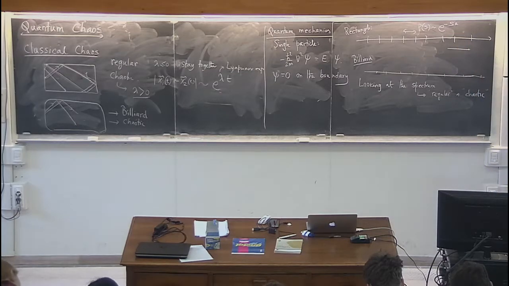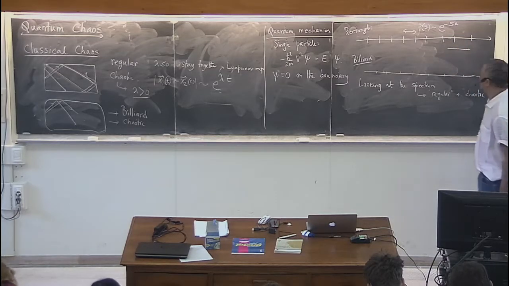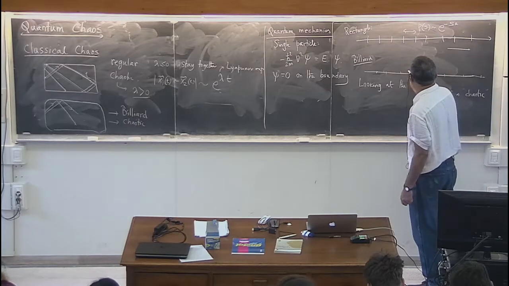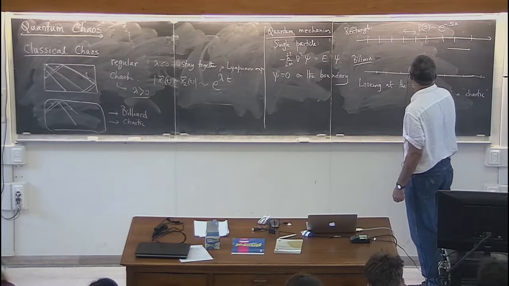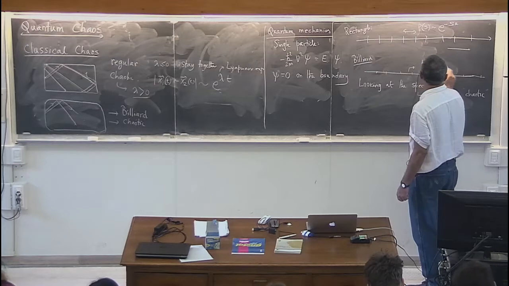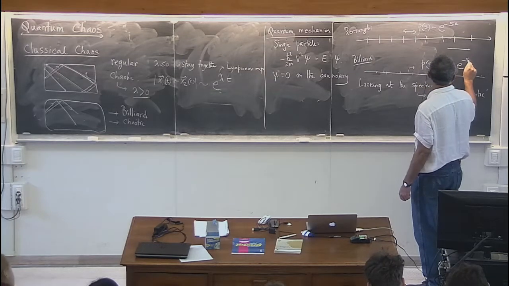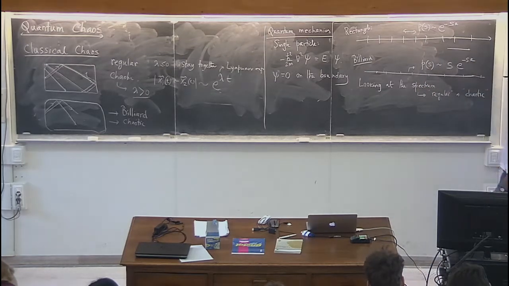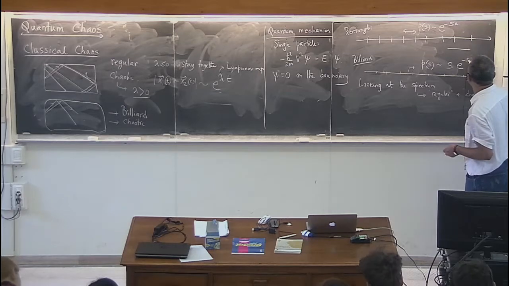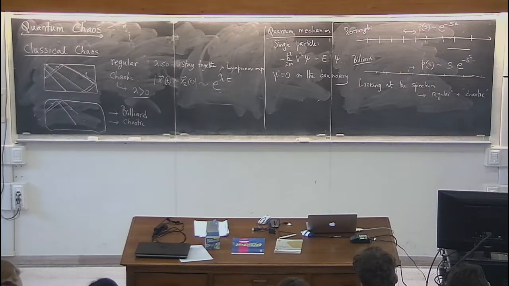Whereas in the billiard, and this is what people did numerically, what they found is that in contrast, it behaves like something like that. This is exactly like the Wigner surmise, so s squared.